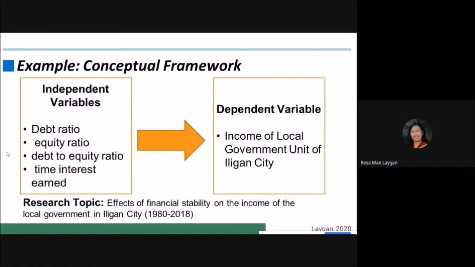And this figure shows that these variables have a direct effect on the income of the local government unit of Iligan City. That is what my conceptual framework looks like.